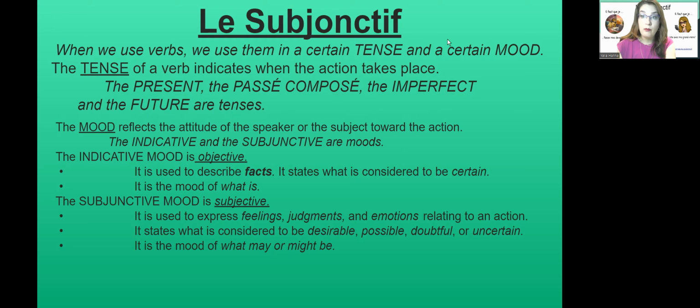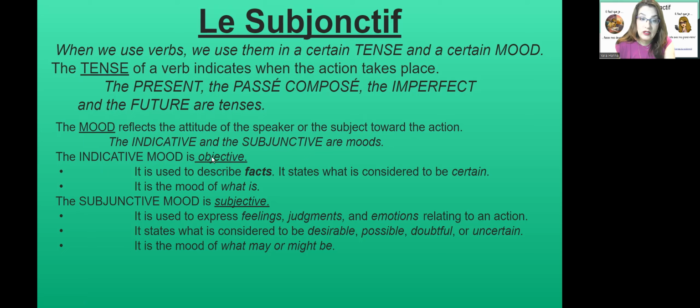Now, the mood, however, reflects the attitude of the speaker or the subject towards the action. We will see, of course, examples about all these ideas. The indicative and the subjunctive are moods. The indicative mood is objective, while the subjunctive mood is subjective.